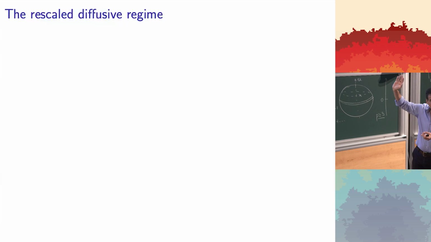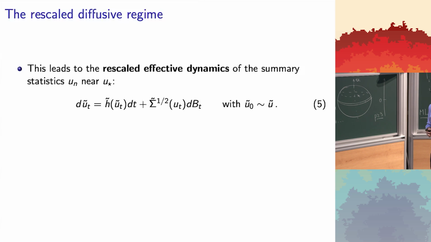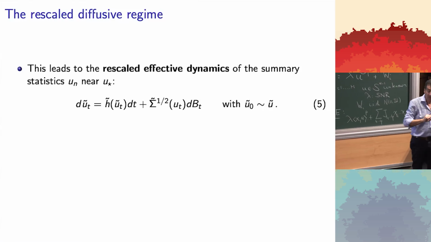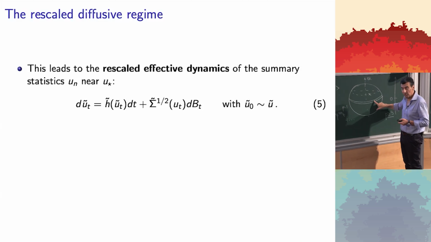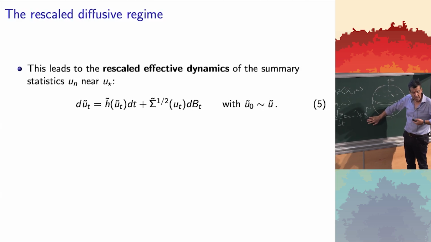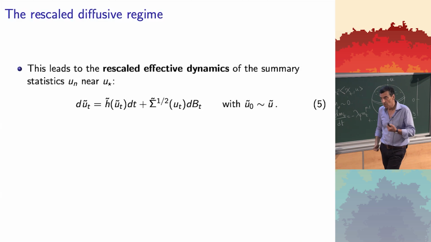And then, applying the same abstract theorem, the same Bourbaki-like theorem here, you obtain what is called the rescaled diffusive regime, which gives you, in a different time scale, which usually means more data, you spend more data to get away from this, a different equation which would explain how you escape. So here it will tell you, in a certain time scale, for instance, you would have just this. If you go to a deeper time scale, you would have one more term and maybe a diffusion term that allows you to move away, as I said when you had this Ornstein-Uhlenbeck thing.